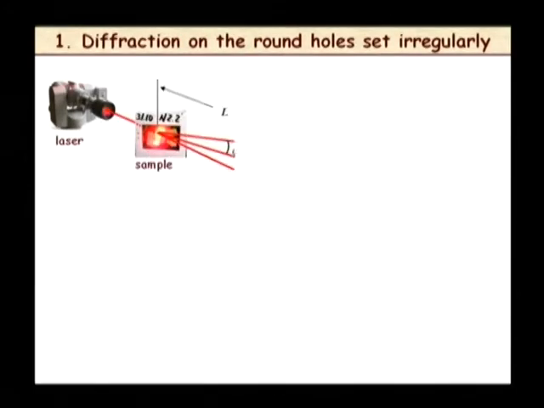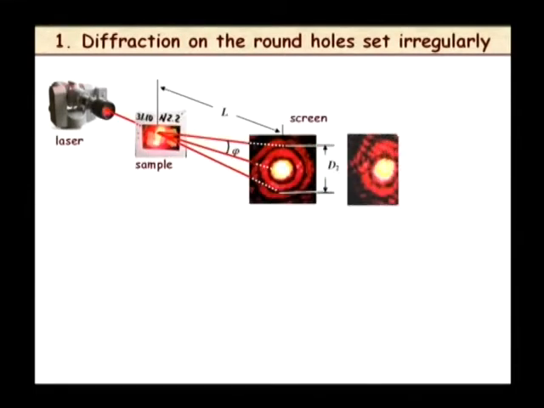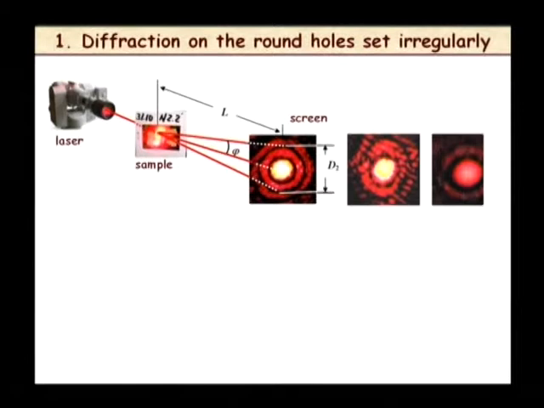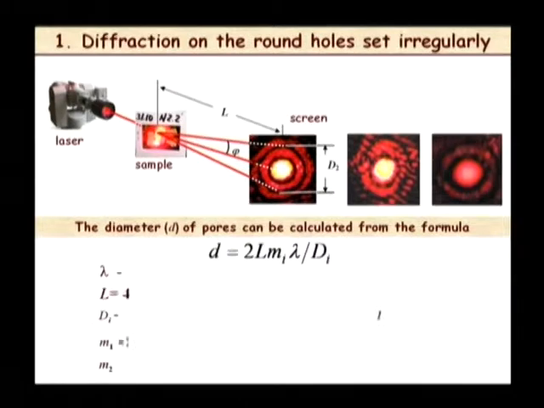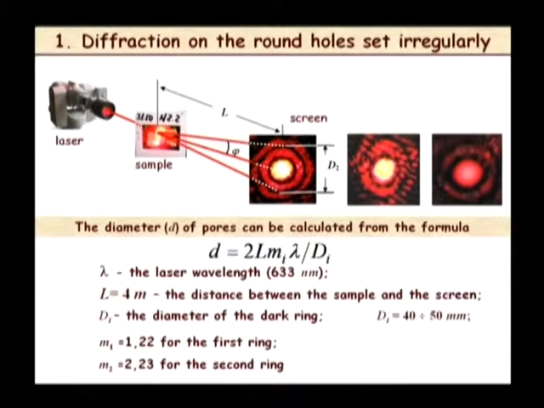In this slide, you can see the diffraction pattern in the form of alternating black and red rings. Such diffraction occurs in the parts of section where pores are set irregularly. With the help of these patterns, we managed to calculate the diameters of pores. We measured the distance between the sample and the screen and the diameters of dark rings.